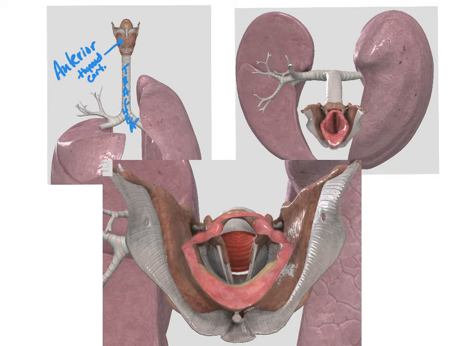So if we were to rotate this model towards you, you would be looking now down through the glottis, which is that opening right there. Here's the trachea. So now you're looking from a superior view, kind of like the book.